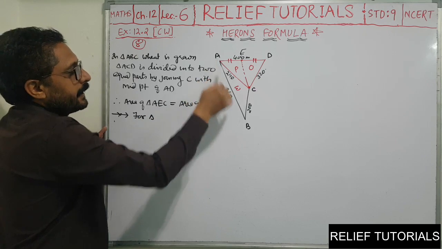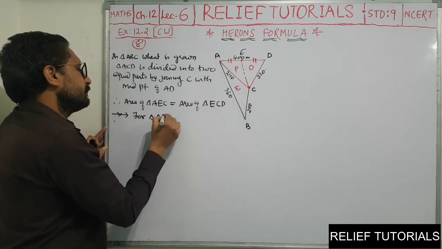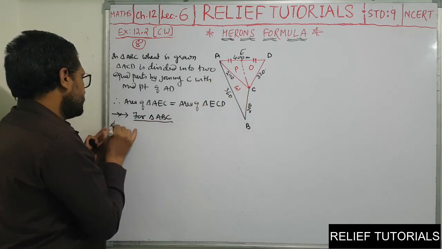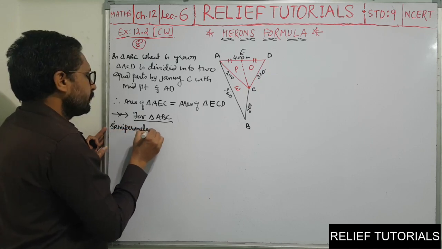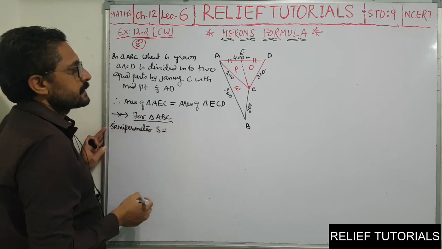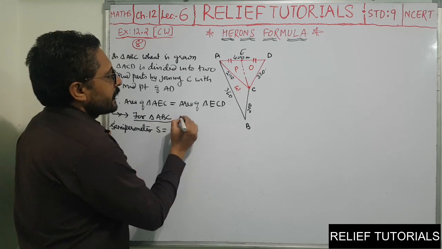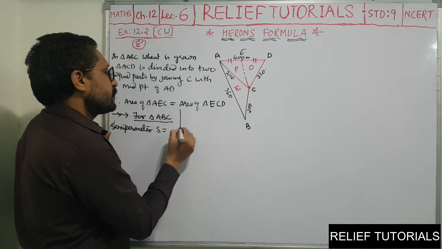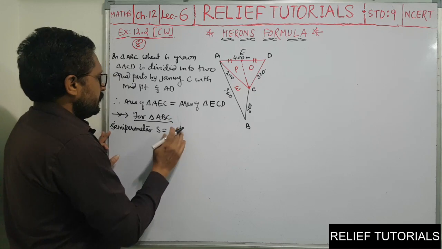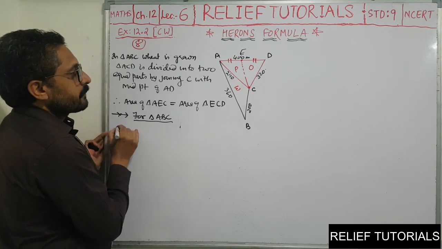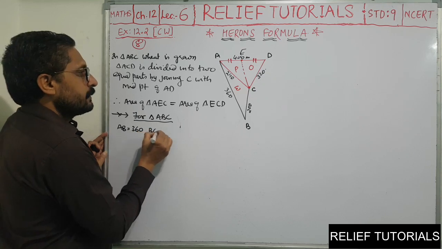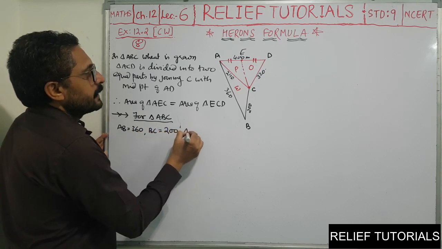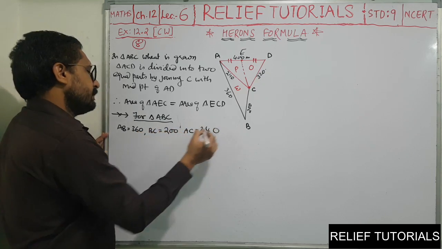Now for triangle ABC, semi-perimeter S. For triangle ABC, AB is equal to 360, BC 200 and AC 240.